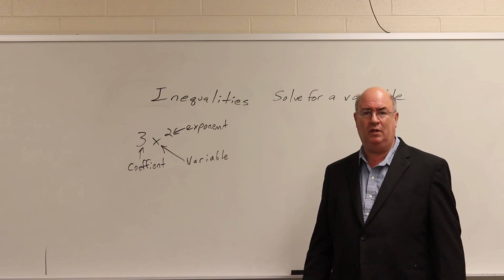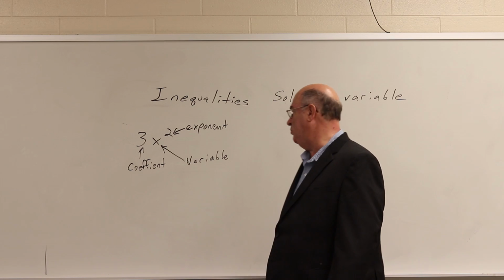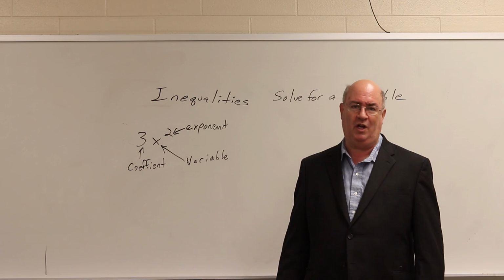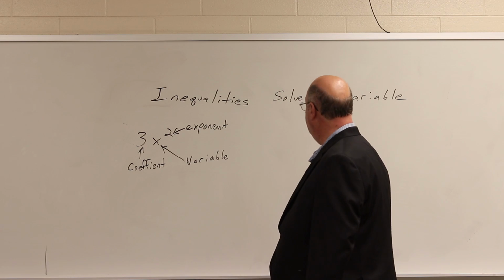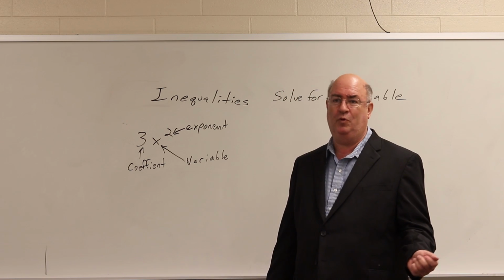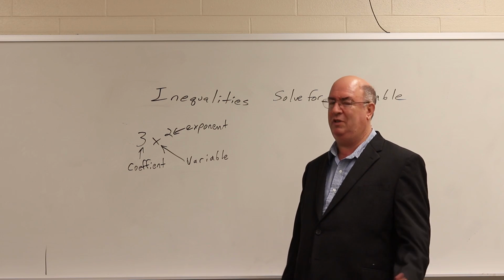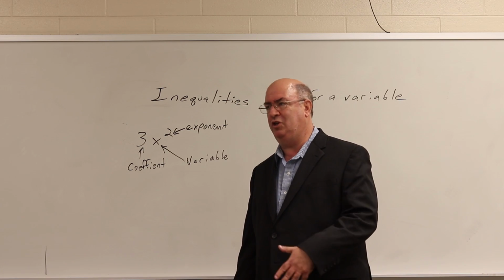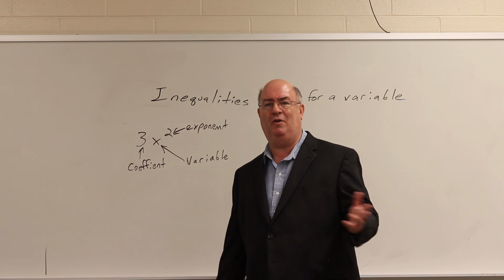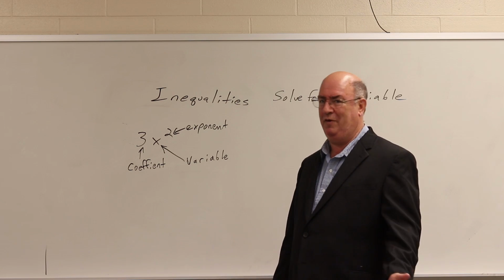So for inequalities, instead of using polynomials with x squared, x to the third, x to the fourth, etc., making it really, really complicated, we're going to just pick inequalities. Since it's basic and intermediate algebra, we'll just show an x or a y or a p or a z, whatever letter we want to stand for the variable.